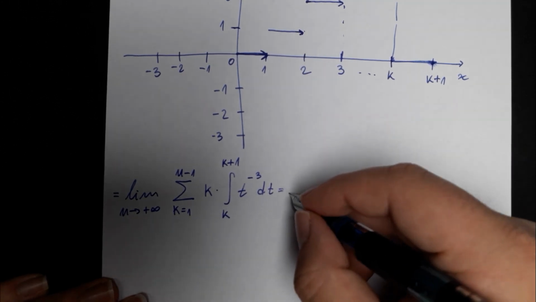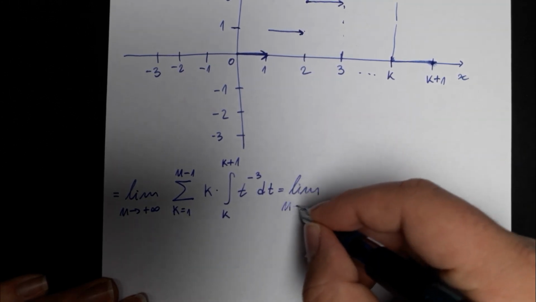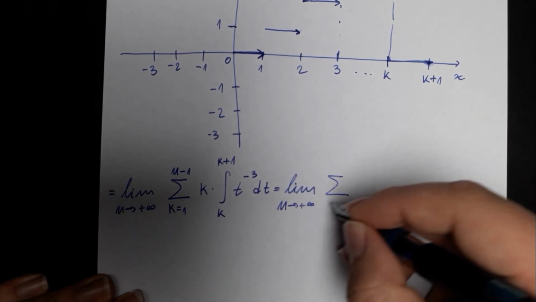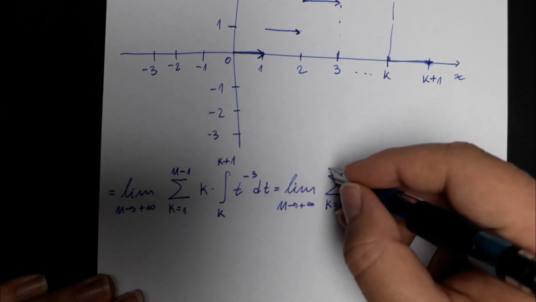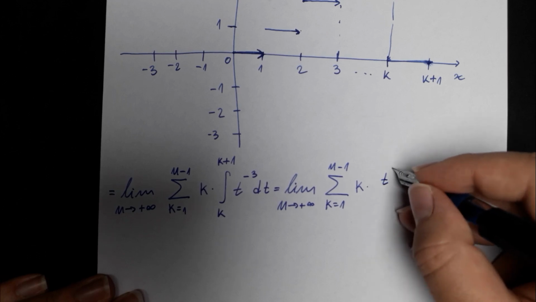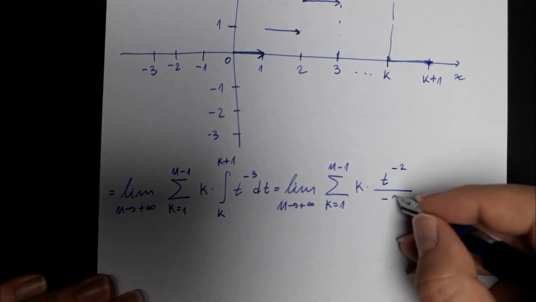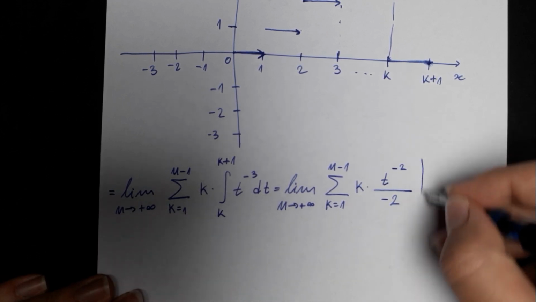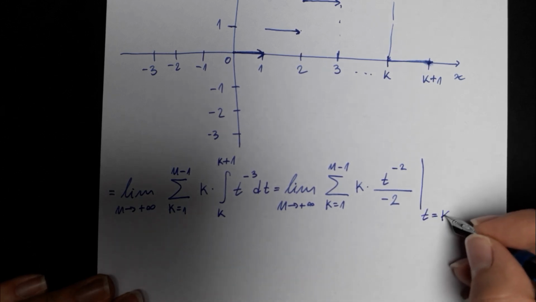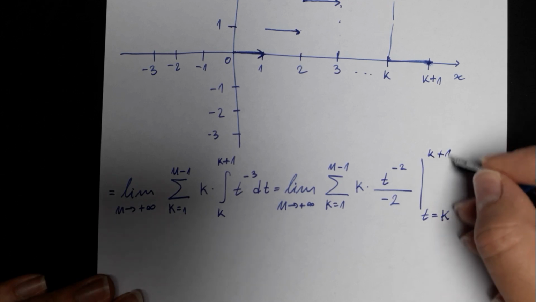And that is equal to a limit when m approaches infinity from the positive side, sum where k goes from 1 to m minus 1, k times t to the power -2 divided by -2, and this is going to be in the borders where t goes from k to k plus 1.